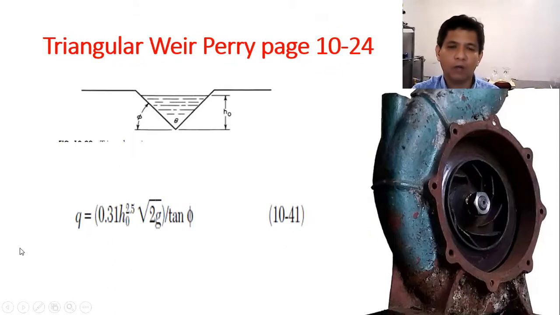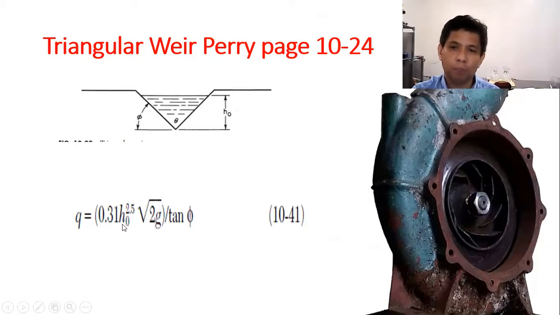Next is the triangular weir. You can also find this equation on 10-24. This is the empirical equation: 0.31 times HO, where HO is the height of the liquid, as you can see in this illustration, raised to 2.5. If you use feet, you have feet to the 2.5. Then again you have the square root of 2g. If your g is 32.174 feet per second squared, you get feet to the 0.5.